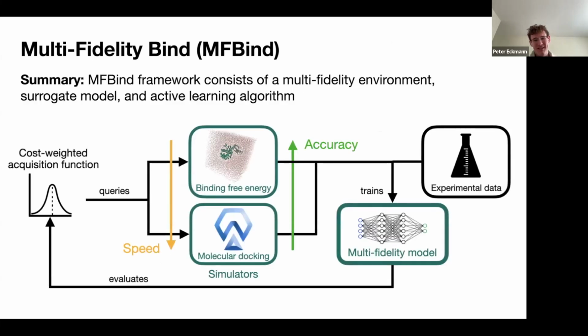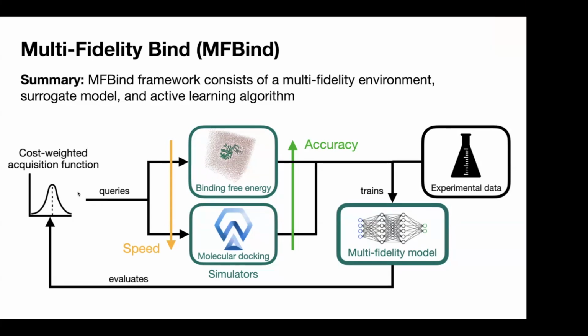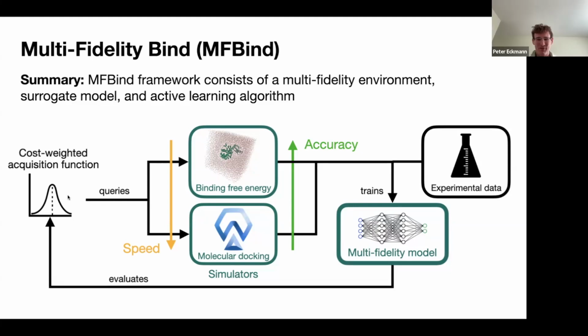So in summary, the MFBind framework consists of a multi-fidelity environment, surrogate model, and active learning algorithm. So I'll just go through this figure again now. We start with some acquisition function that we evaluate on all our candidate compounds. We take whatever compound and fidelity level pair has the highest acquisition value, and we query the simulators with it.